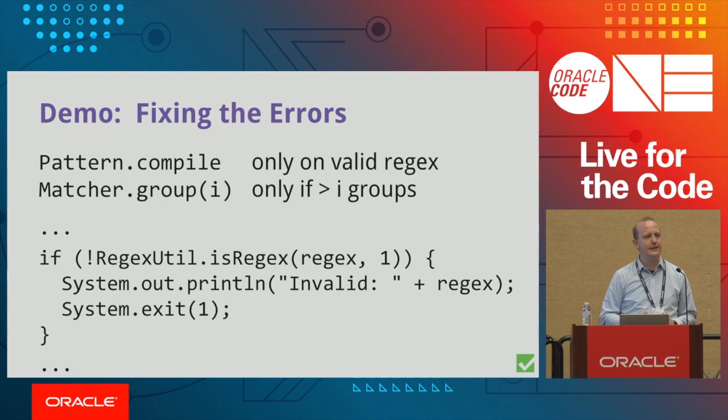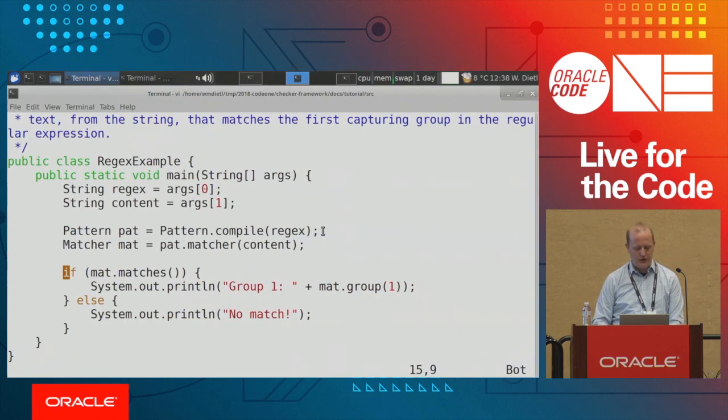Yes? When you write the regular expression in your code and check it with a type checker, is there an error or? So if you add a regular expression annotation in your code, so let's say, no annotation, but in the first line, you type the regular expression itself, and then you run the type checker.